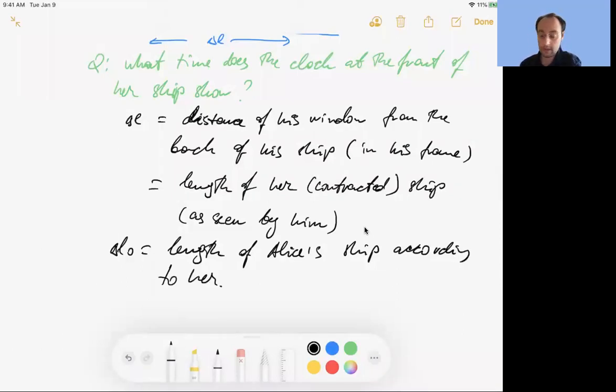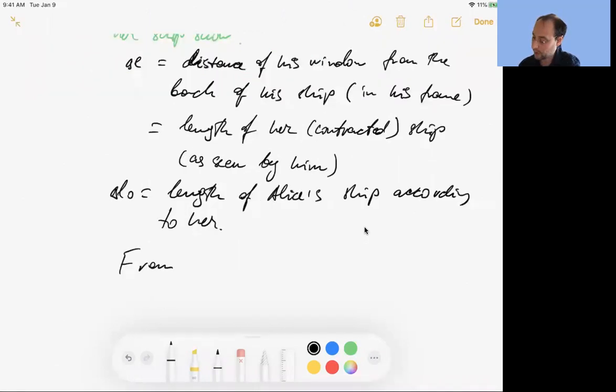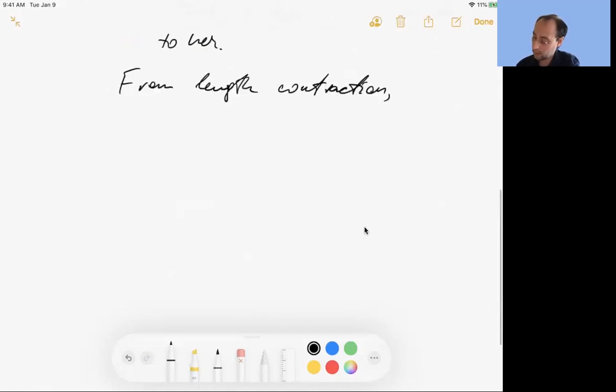So we know from length contraction, okay, delta L, the contracted length of her ship, equals the proper length of her ship divided by gamma. So let's put in numbers. That's 50.